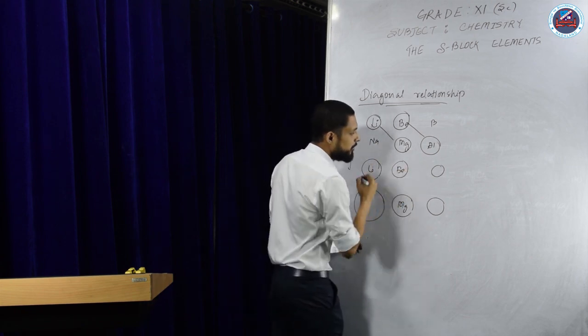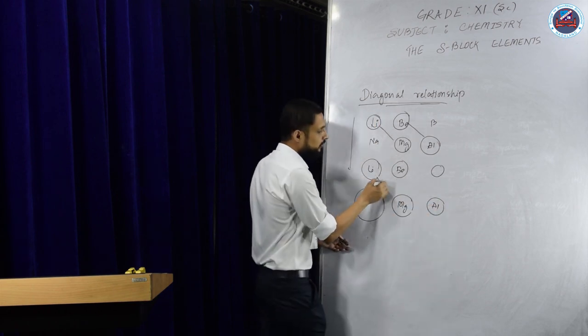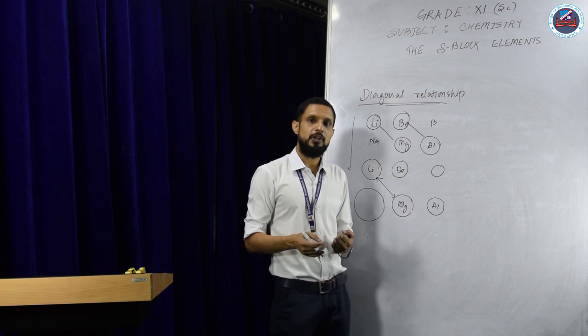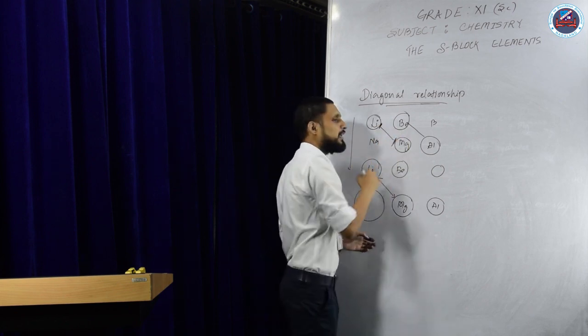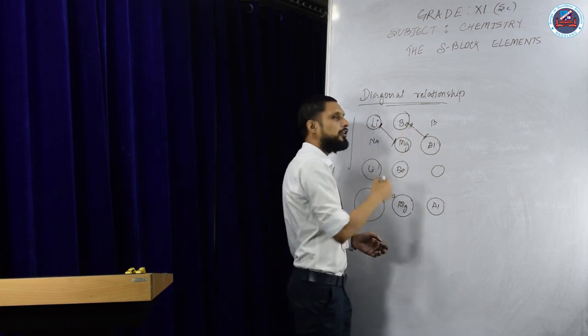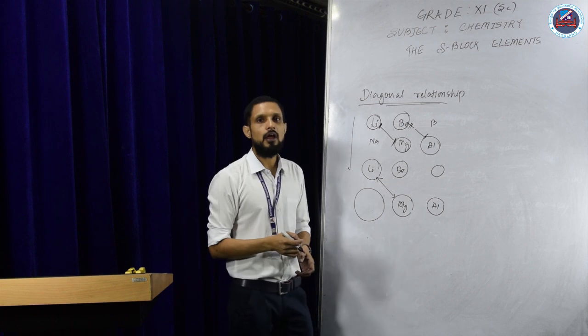Size of beryllium is somehow similar to the size of aluminum. Now, since they have similar size, the properties also will be similar. That's why the properties of lithium and magnesium are similar. Properties of beryllium and aluminum are similar. So this relationship is diagonal relationship.